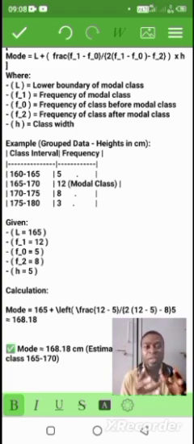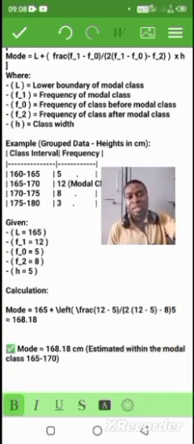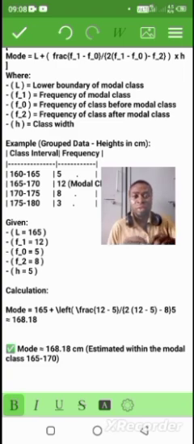So how can we calculate it, because this data is grouped data? The formula is down here. Calculation: the mode is equal to the lower boundary of the modal class, which is 165, where the 12 is, plus the fraction.